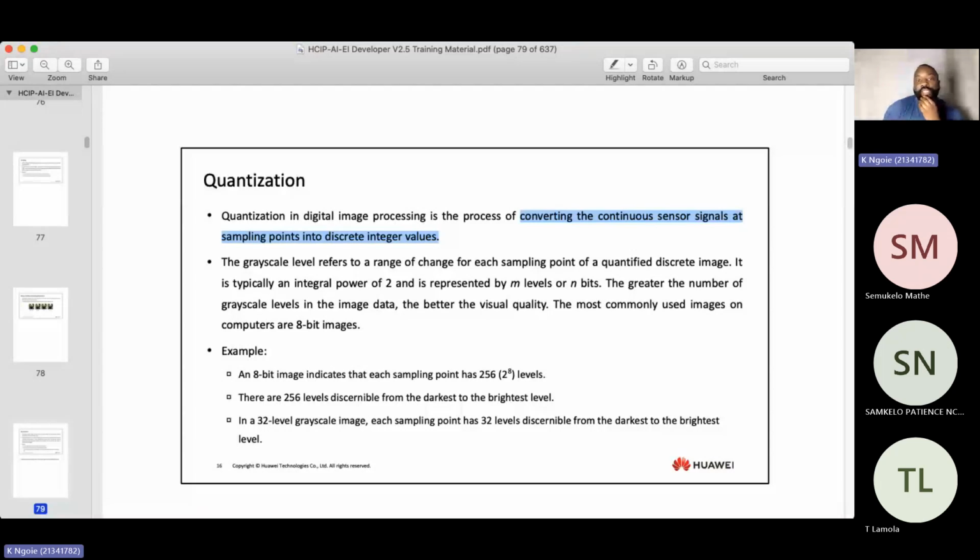After the sampling, each pixel will correspond to a specific location in the image, right? So quantization will assign each pixel a numeric value which will represent the intensity, the brightness, or the color of that image.